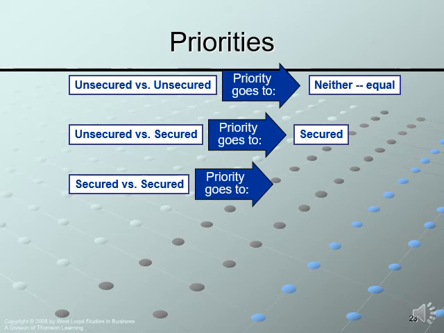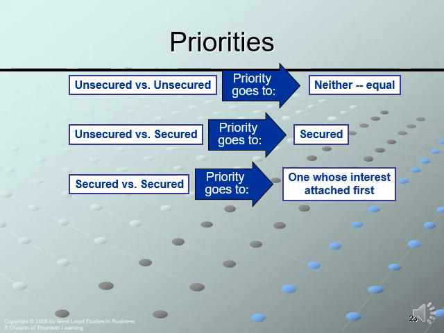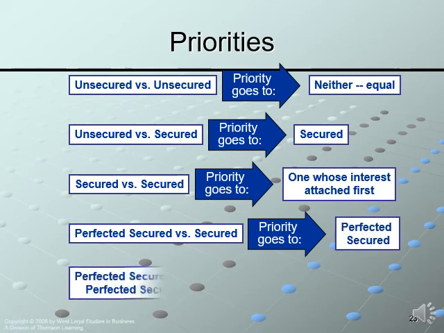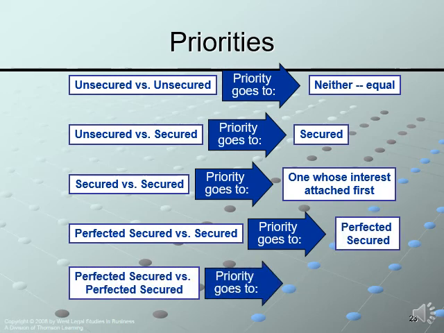Unsecured hasn't done anything. There's no attachment that has occurred. Secured versus secured, it will be whoever secured first, whoever got attachment first. Perfected secured versus secured is going to be perfected secured. And then perfected secured versus perfected secured, whoever perfected first.